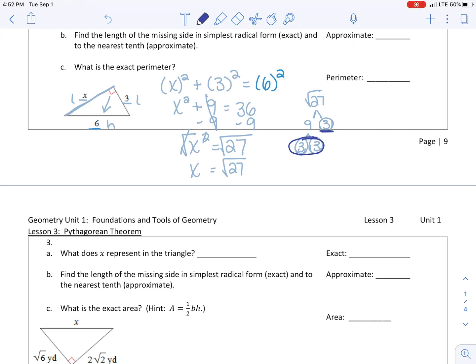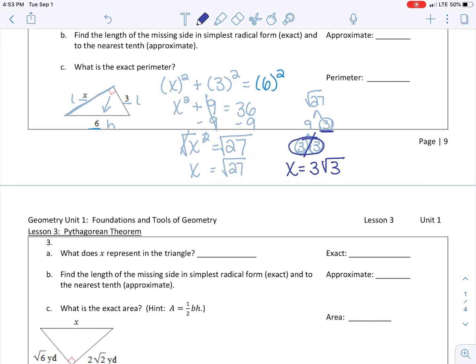So x is equal to one of my pairs, 1 from my pair of 3s, is going to come outside the radical. And then underneath the radical, I'm going to keep that loner 3. Again, this would normally be plus or minus, but since we're talking about a side length, it has to just be the positive version.